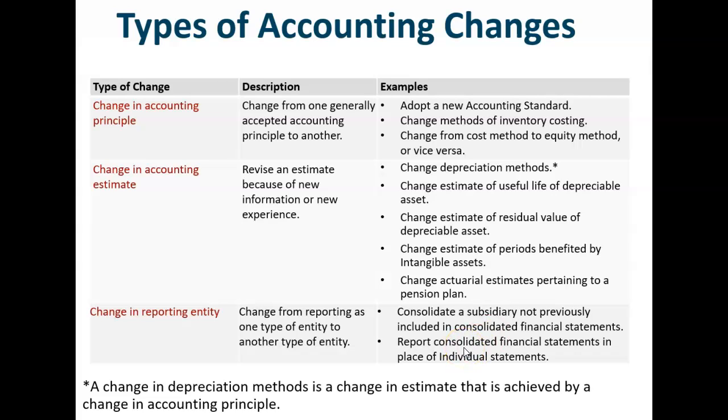Or maybe all along we have not been consolidating our financial statements, but issuing financial statements for each individual company. And now in this year, we have changed to a consolidated reporting entity instead of the individual entities.